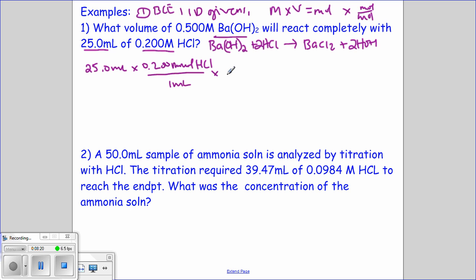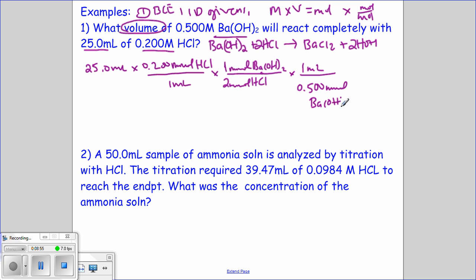Now I want to get to barium hydroxide, which means I need to go mole-mole ratio, where I've got 2 millimoles of HCl and 1 millimole of barium hydroxide. That question is asking for volume, which doesn't specify milliliters or liters. Let's just do milliliters first. The last given that I've not used is the 0.5 molar, which means I need to put 1 milliliter on top and 0.500 millimoles of barium hydroxide down here.